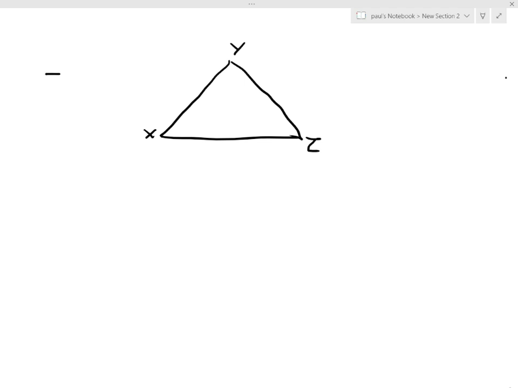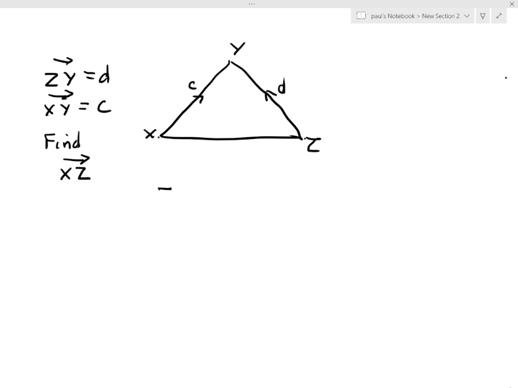Let's do ZY equals D, XY equals C. Find this one, XZ. So ZY equals D, XY equals C, and we've got to find what XZ is.